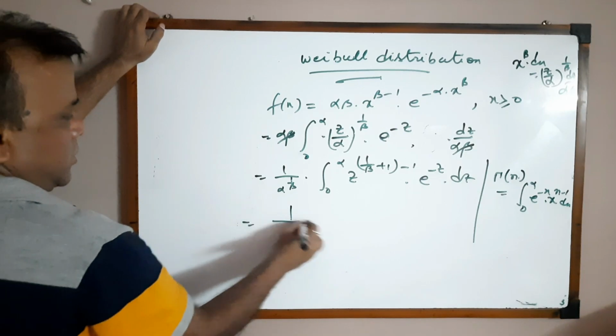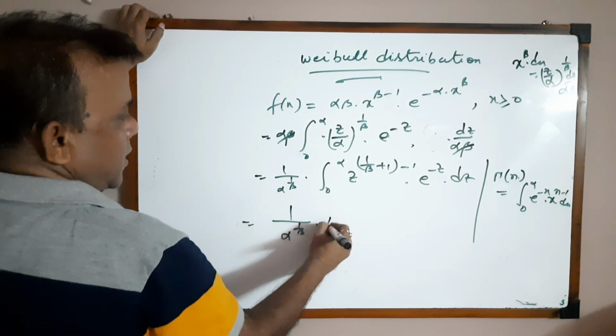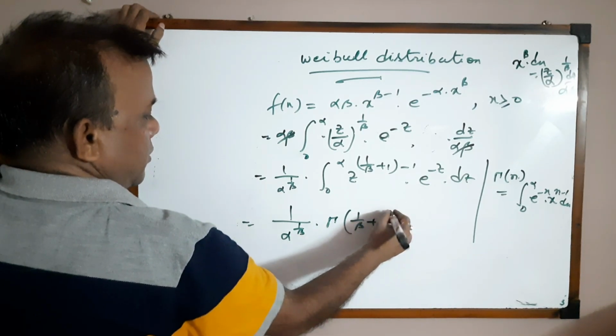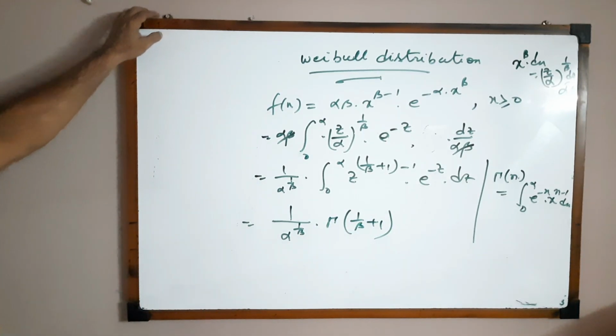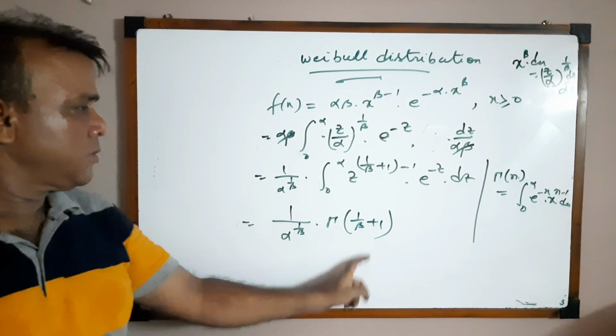From the gamma function we can write this as gamma 1 by beta plus 1. Okay, therefore the mean of the Weibull distribution is this one.